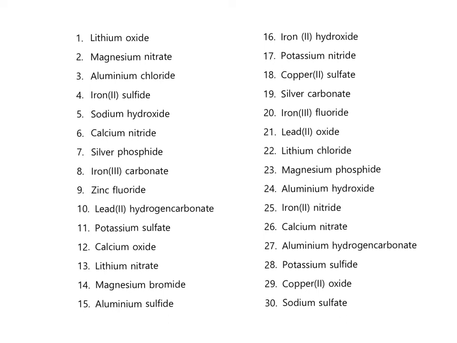So you can see here lithium oxide, and that is just simple. So that's just going to be lithium and oxygen. Magnesium nitrate, that involves your molecular ion, so you're going to potentially have to use brackets, use that formula from the back of the periodic table and so on, so be a bit more careful with those ones.